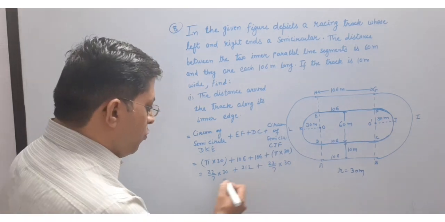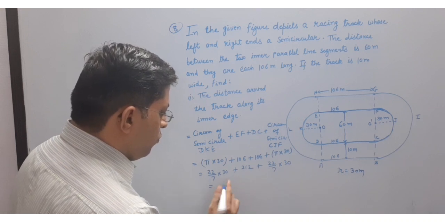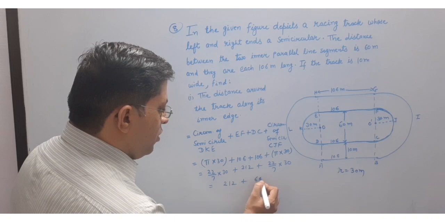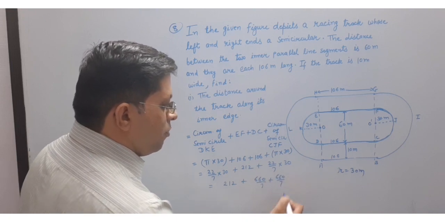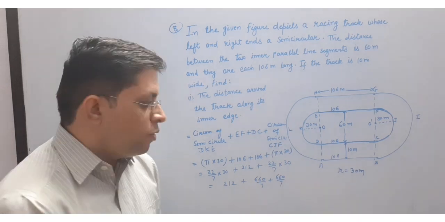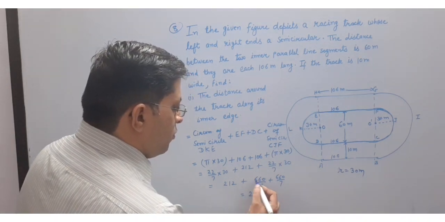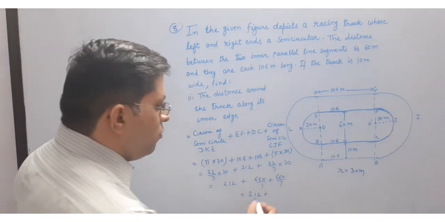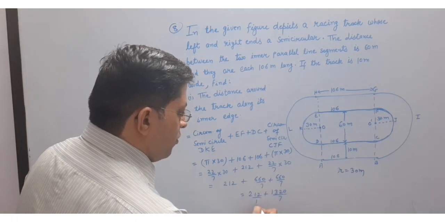So what is 212? 212 plus 660/7 and 660/7. Then what will come? 212, and 660 plus 660 is 1320/7.